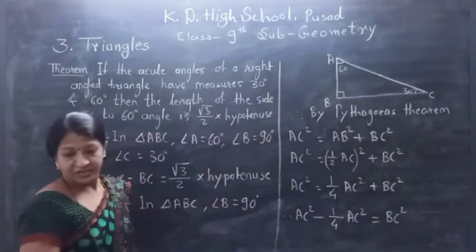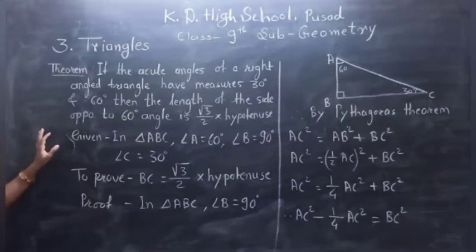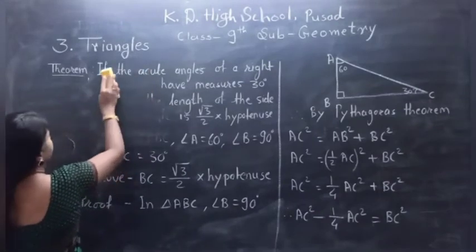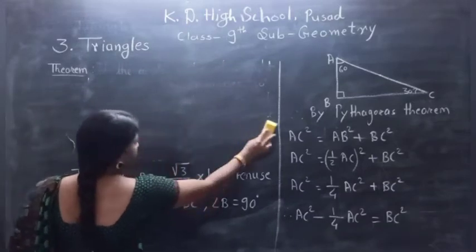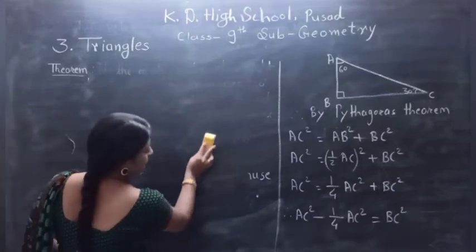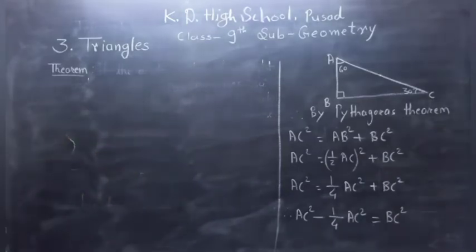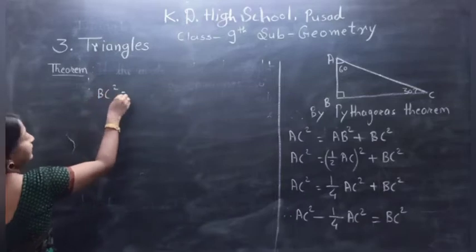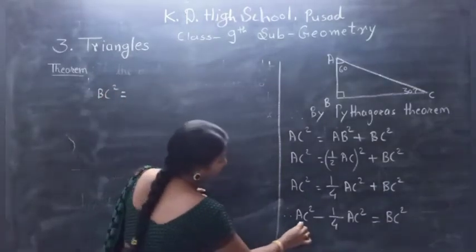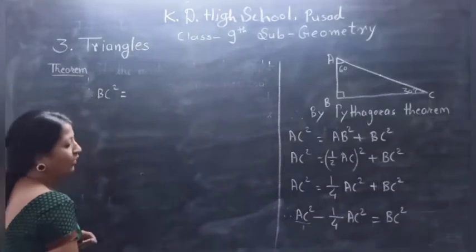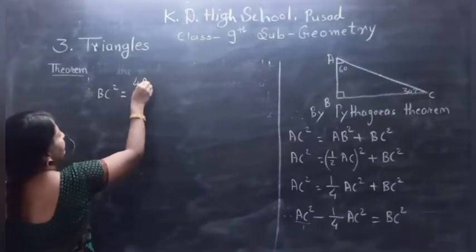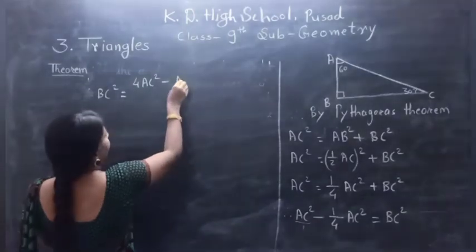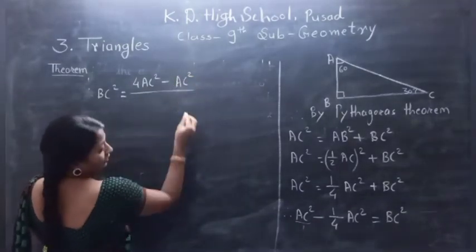We interchange the sides. Therefore BC square is equal to, now by cross multiplication, 4 AC square minus AC square upon 4.